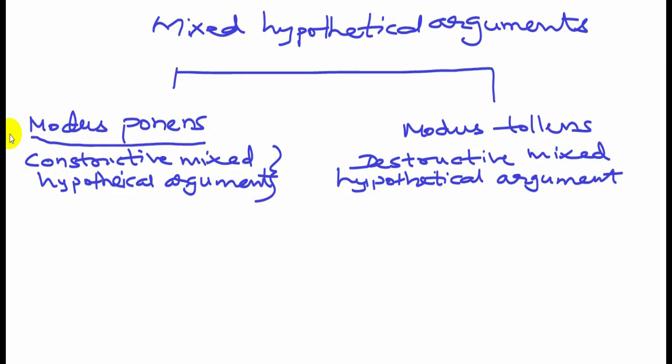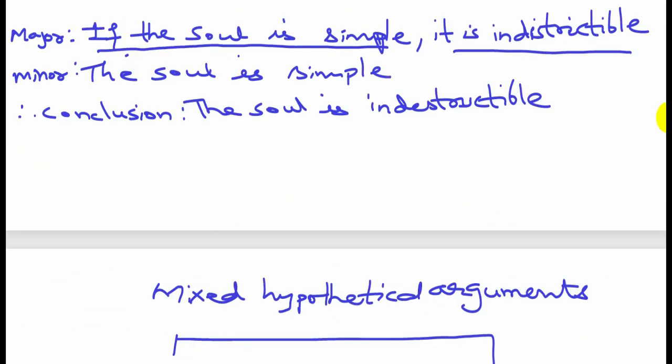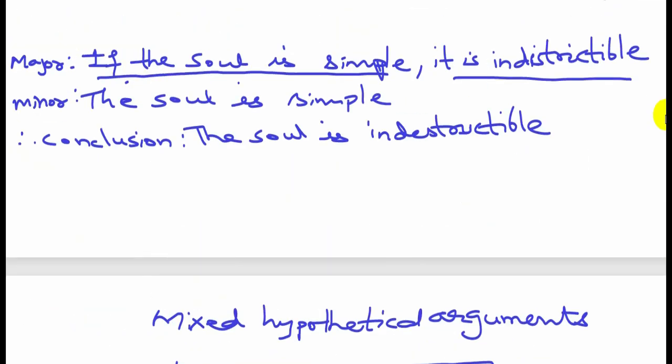Now, a constructive mixed hypothetical argument is one in which the minor premise affirms the antecedent and the conclusion affirms the consequent. So, in this example, in the major premise, if the soul is simple, it is indestructible, the first part is the antecedent and the second part is the consequent.